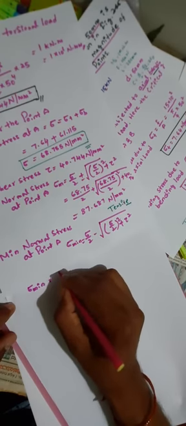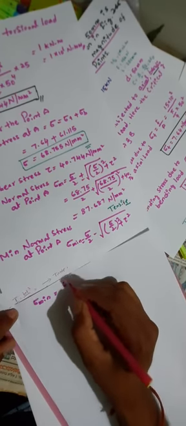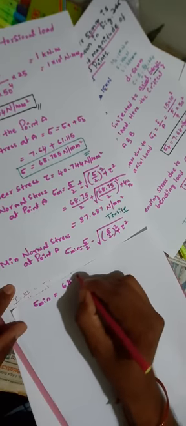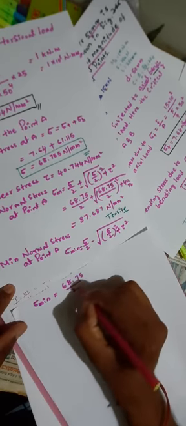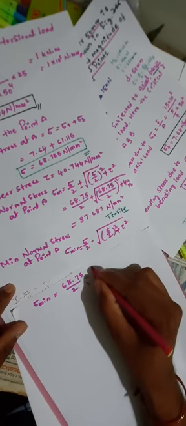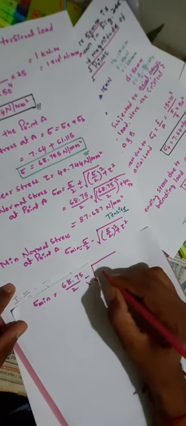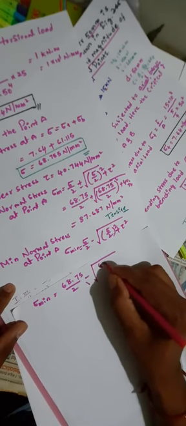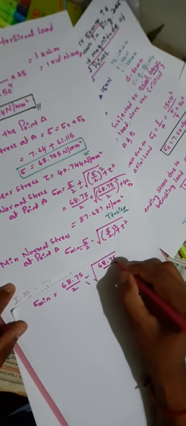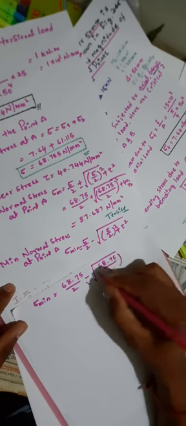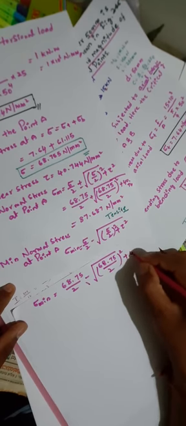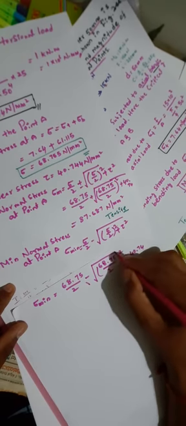Sigma is equal to 68.75 divided by 2 minus square root of 68.75 divided by 2 whole square plus 40.74.